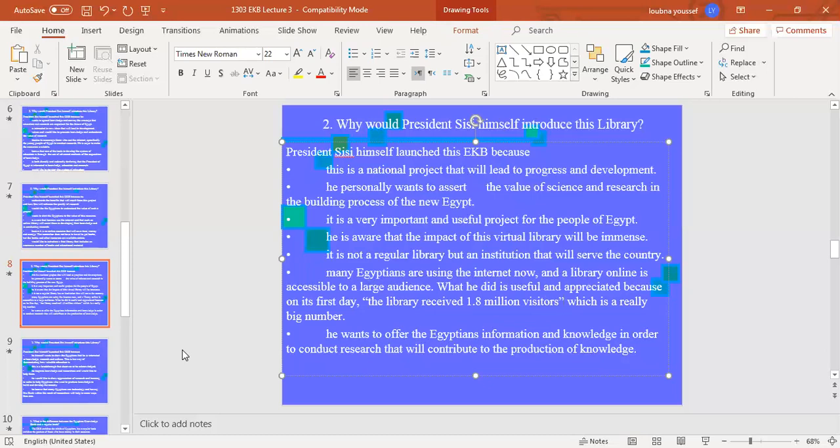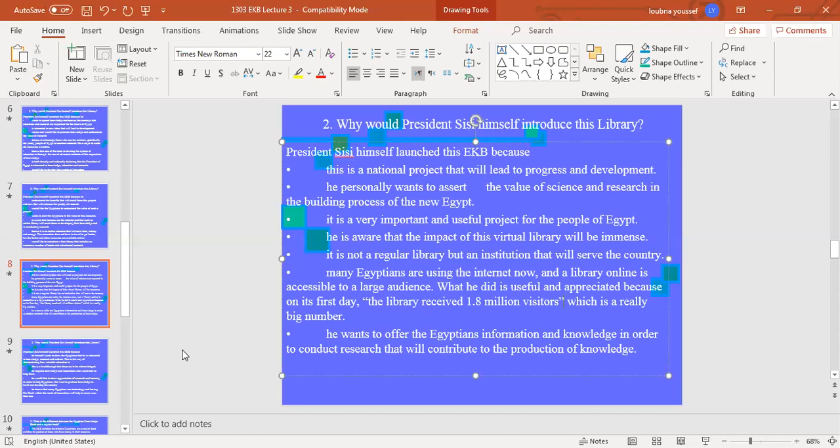Now, another answer: he wants to offer the Egyptians information about any field of knowledge that they are interested in, because researchers in medicine, in engineering, in history, in geography need to read what others have produced in order to develop it and in order to produce knowledge.